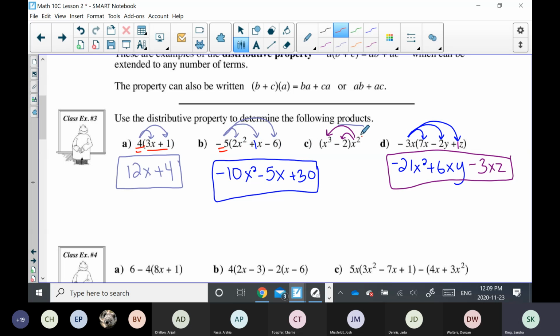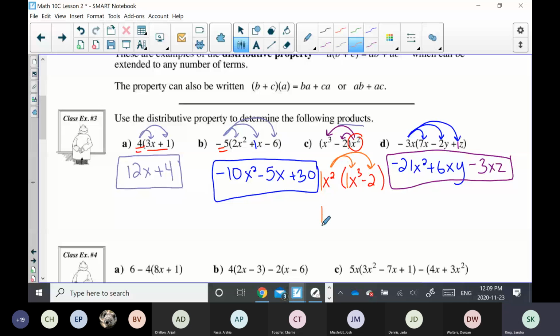I'm going to rewrite this to put the x squared first. And then in my bracket, I'm going to write x cubed minus 2. From here, I'm going to put my invisible ones in, and I'm going to distribute.